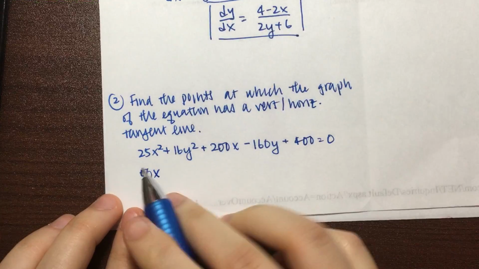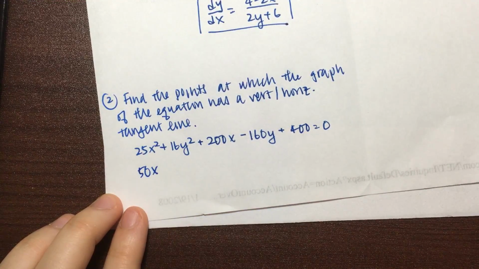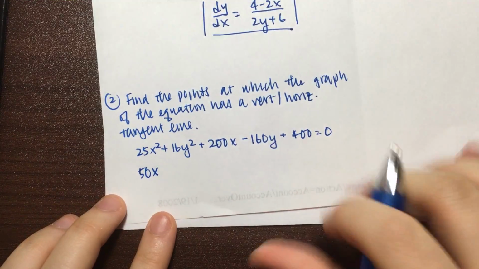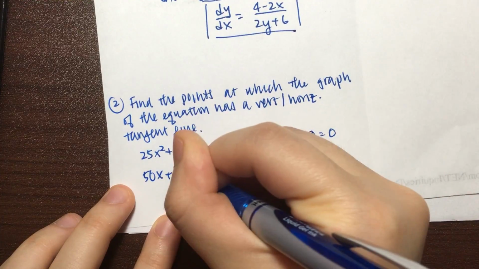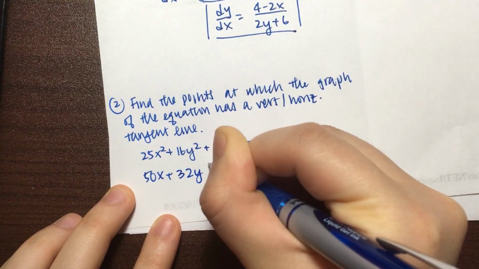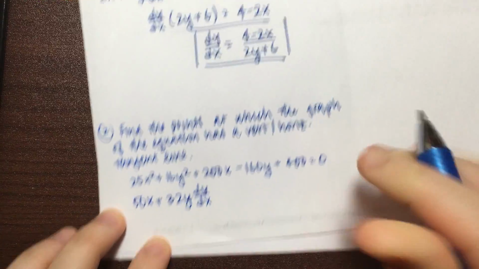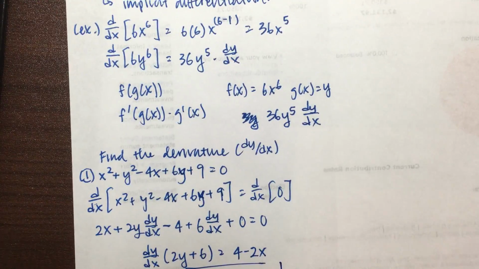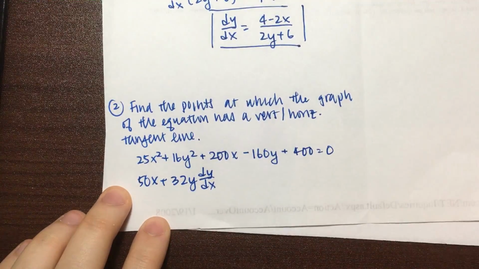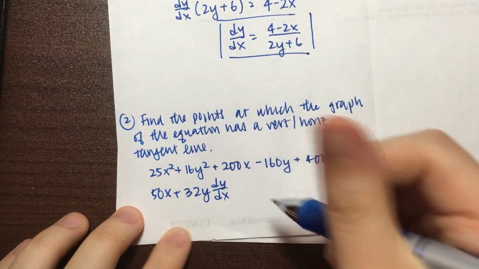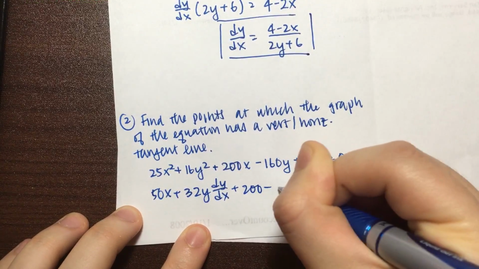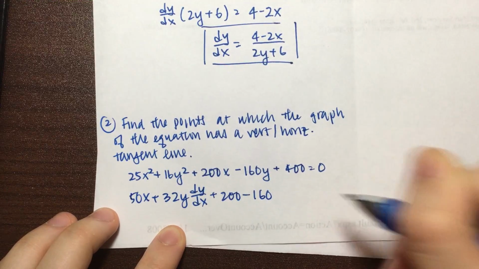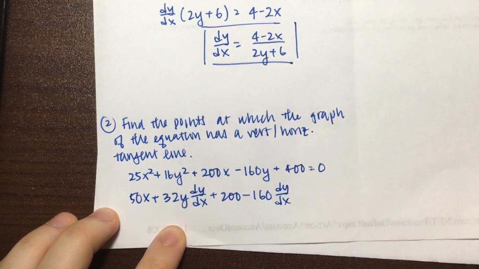That'll be 50x, right? 25 times 2, and then it's just an x now. 16 times 2, 32y, and then the variables don't agree, right? The chain rule. Okay, so multiply by dy dx, and then plus 200 minus 160, variables don't agree, dy dx.